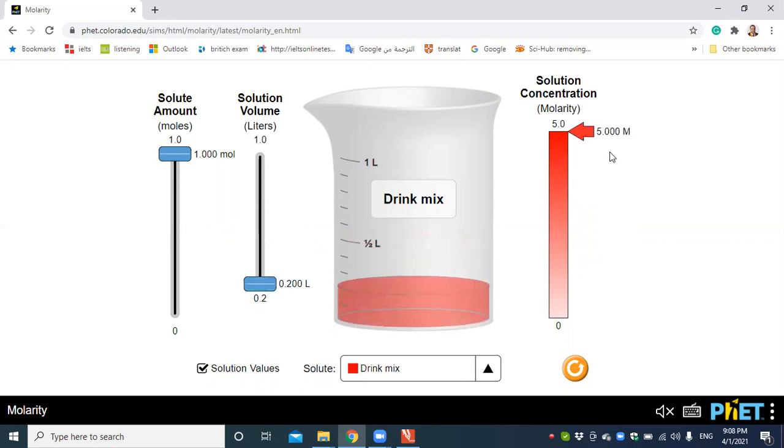So we get what? 5 molarity. That means our concentration, or molarity, is correct.